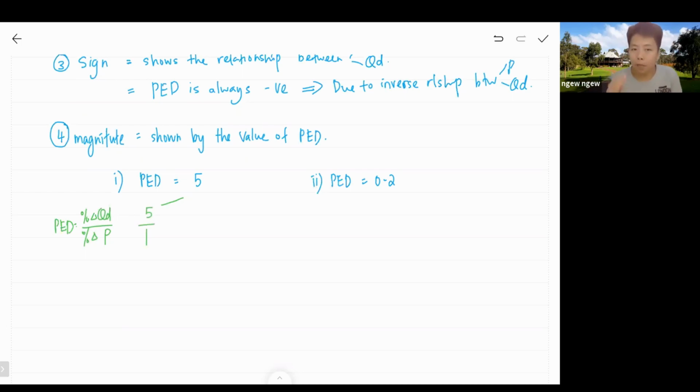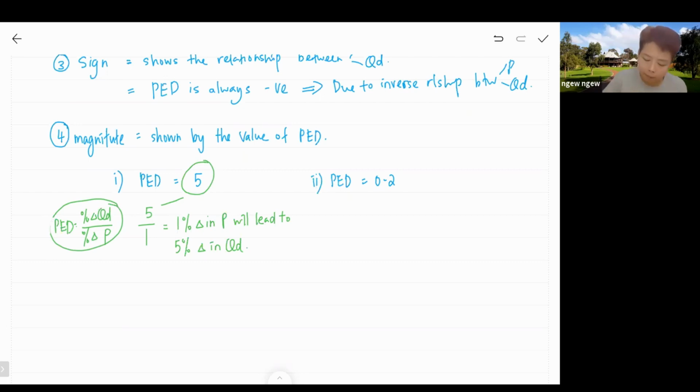Therefore, a PED value of 5 indicates that a 1% change in price will lead to a 5% change in QD. Do you get me? So I repeat, because the 5 is the outcome from this formula, if you are to get an answer of 5, it must be 5 divided by 1.